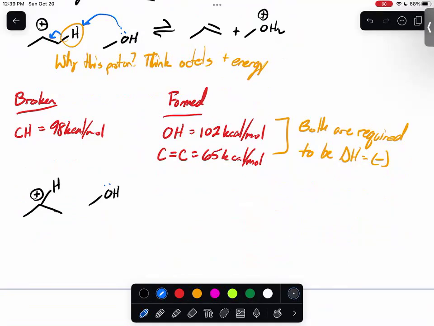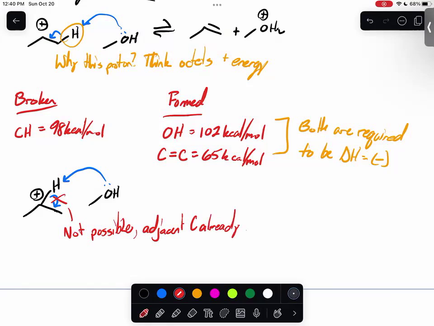So we can't just break the CH bond and leave a negative charge or a lone pair on that carbon. Instead, we would have to form a CC double bond here. But the thing is, this is not possible, right? And the reason is because the adjacent carbon already has four bonds, aka a full octet.